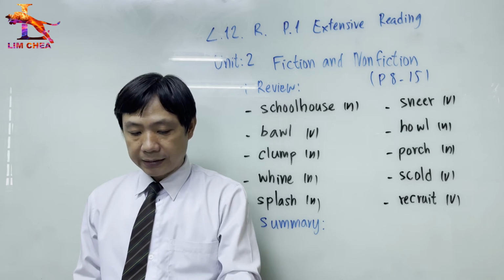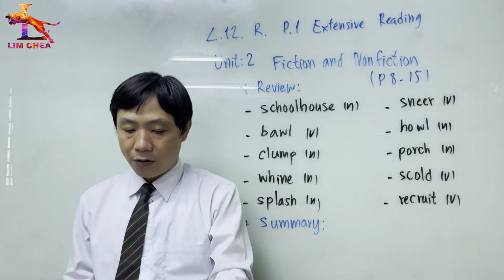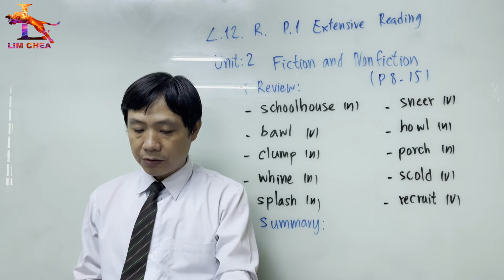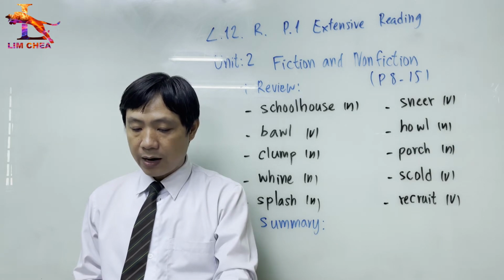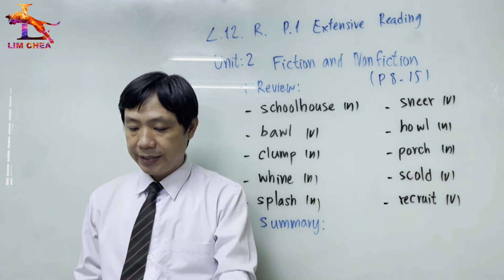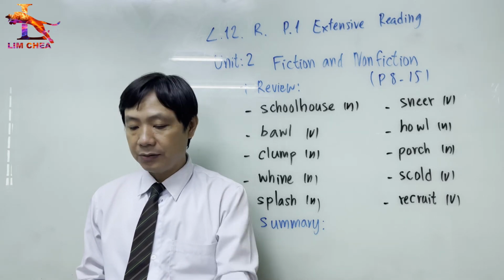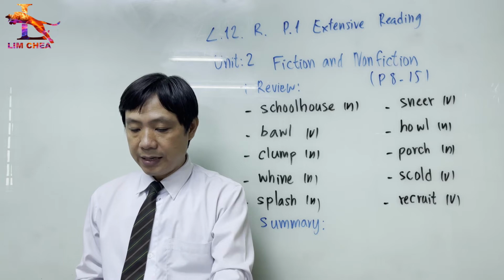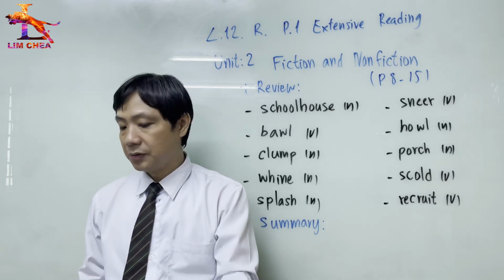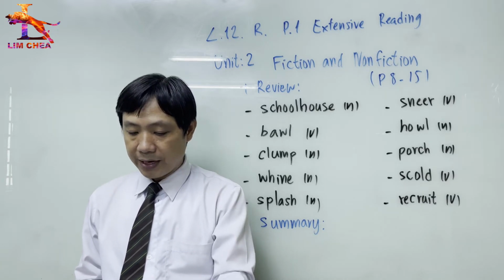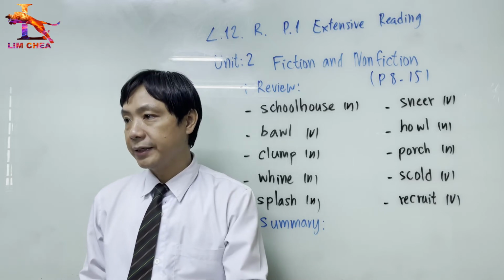Another one is bawl. Bawl means to shout or call out noisily and unrestrainedly. That means cry loudly, yell, or we can say cry also, right? Example: she was screaming and bawling out uncontrollably.